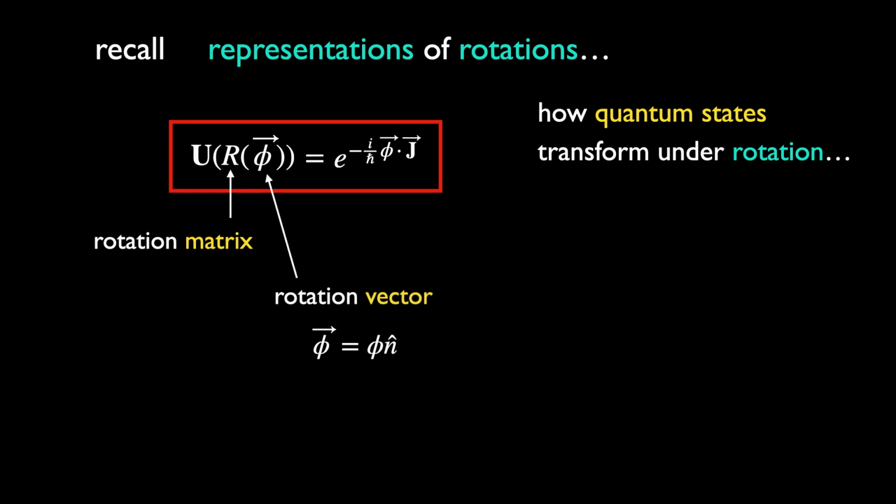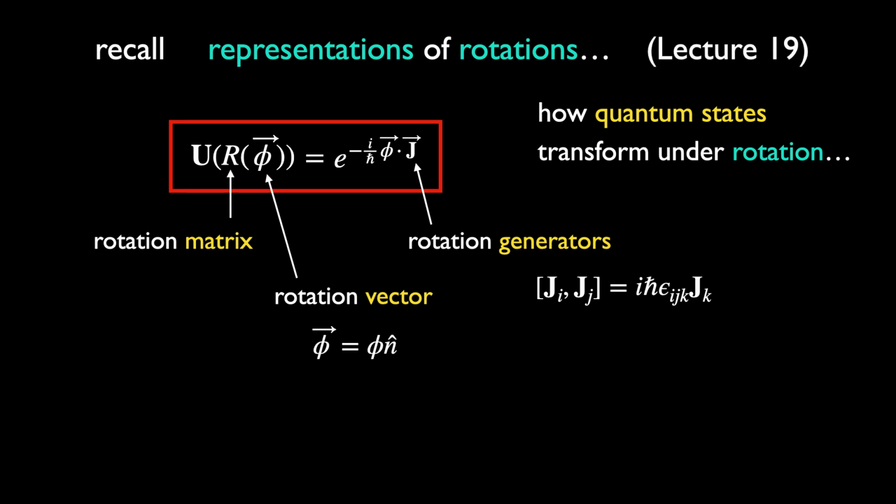This rotation operator is generated by the total angular momentum of the system under consideration. The matrix R tells us how to construct U, since the different rotations must be combined in a specific way that is characteristic of rotations and must be reproduced by U. These rules of composition are encoded in the commutators of the angular momentum operators. We have discussed all these in detail in lecture 19. The link to this video is in the description.